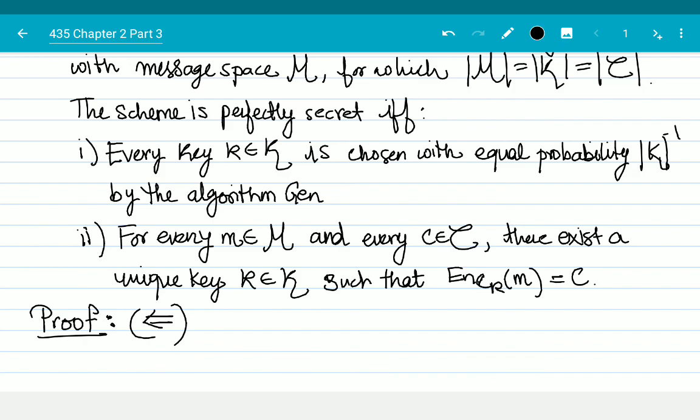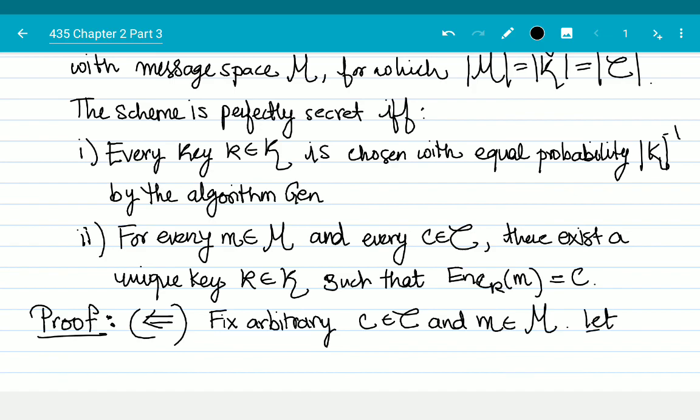For arbitrary c belonging to C and m belonging to M, fix them. Let k be the unique key such that encryption of m with the key is equal to c.